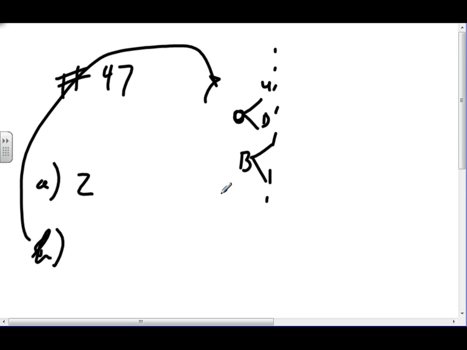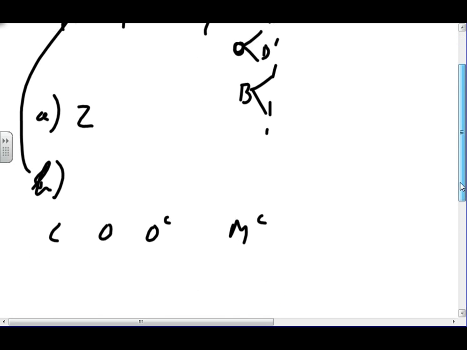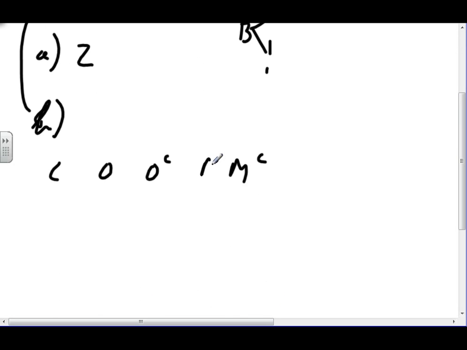List the sample points for O and M. Okay, so there's going to be O and not O, M and not M. The C means complement, right? So I got O and not O and M and not M.